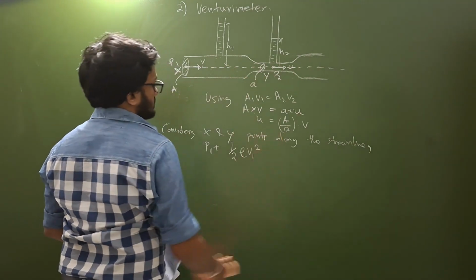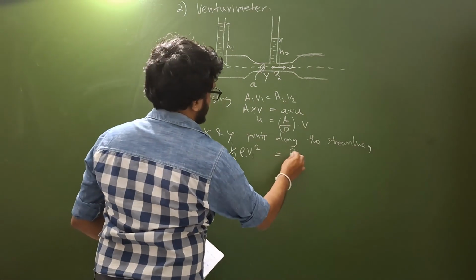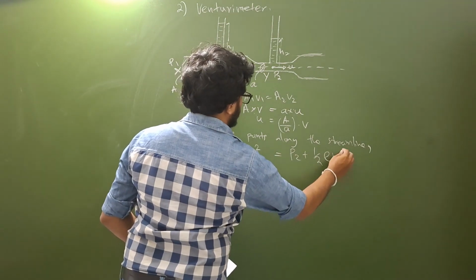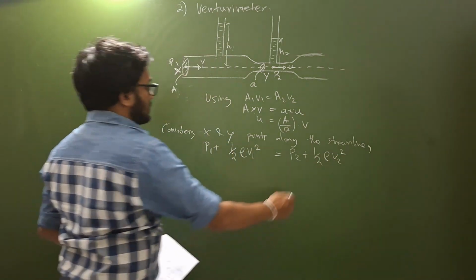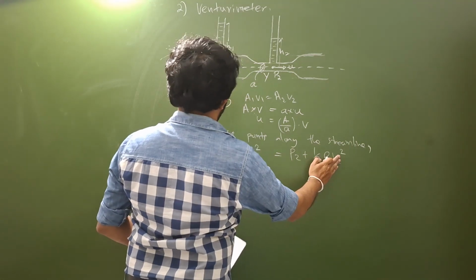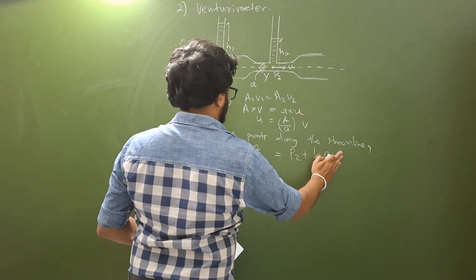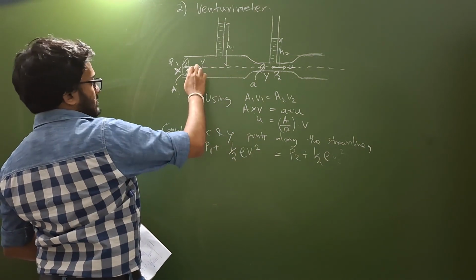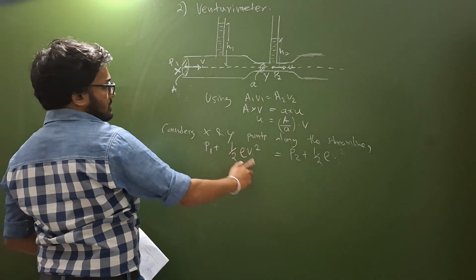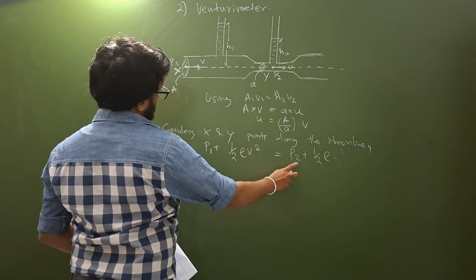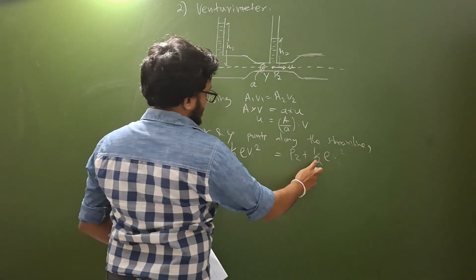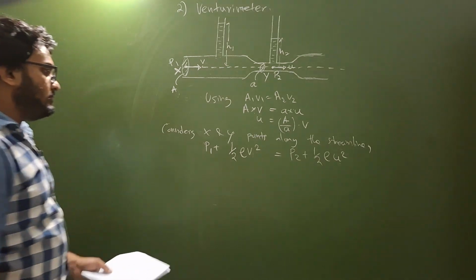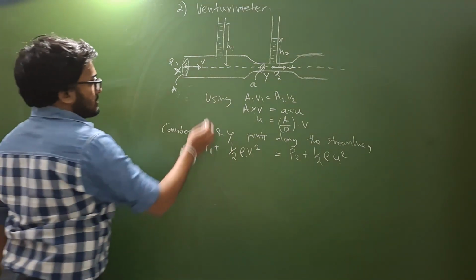On the other side we have P2 plus half rho u squared. It is not V2 squared, it is actually u squared, since the velocity here is u. We can't take V1 here because we already took V. So pressure P1 plus half rho V squared equals P2 plus half rho u squared.